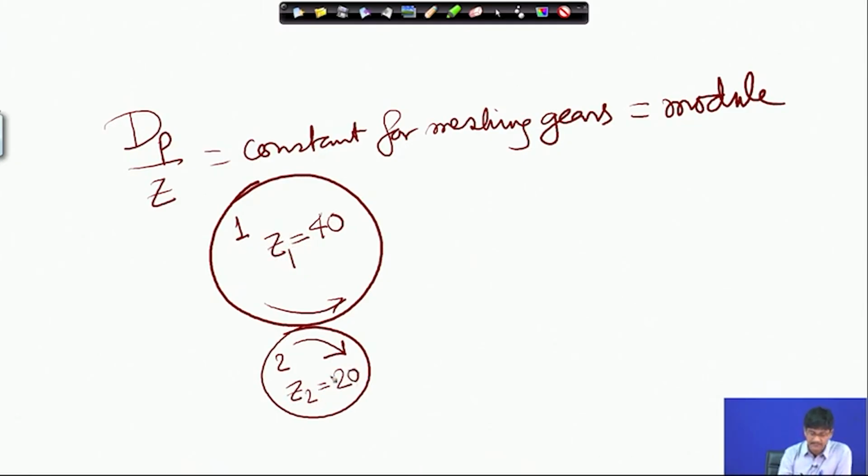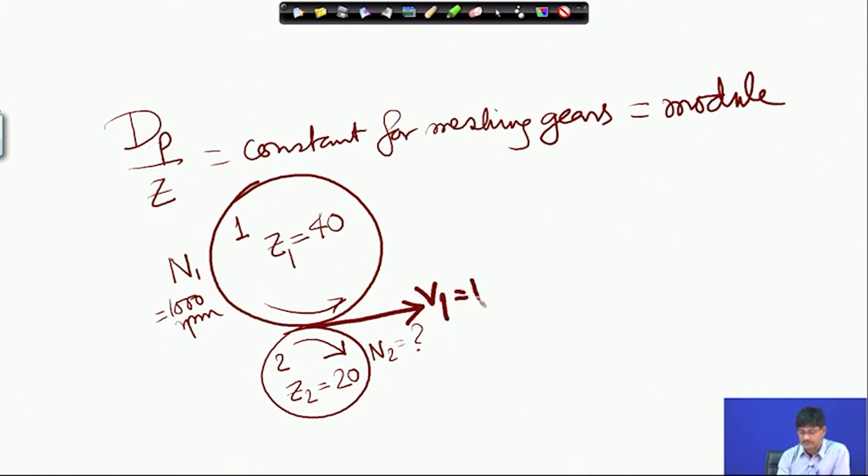And in that case, if N1 is given to be 1000 RPM, what is N2 equal to? What is the value of N2? So, in that case, how do we solve it? We first of all say that, as we observed last time, this particular velocity is shared, V1 is equal to V2. Okay? Just a moment.